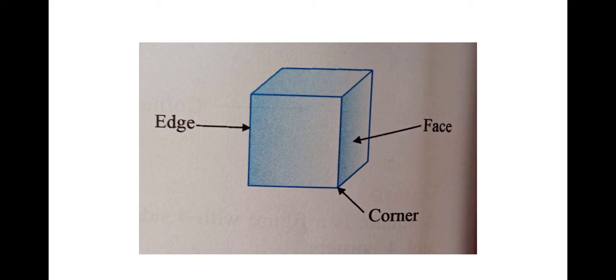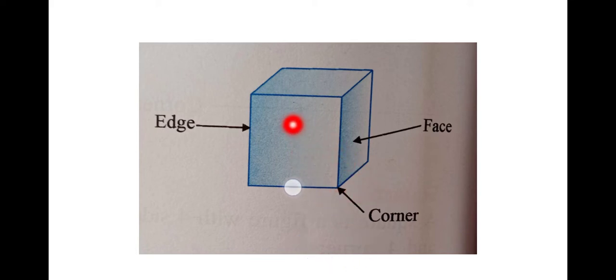Here you see a face. In this picture you can see that this is the face. But how will you know? What is a face? A face is the surface of a solid shape. For example, see, this is one face, this is another face, third face, fourth face.